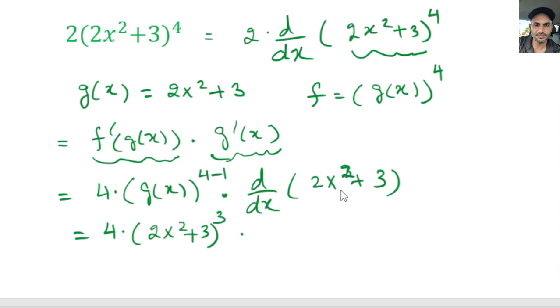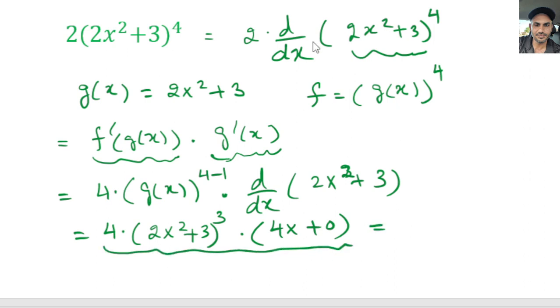And what is the derivative of this right here? Well, what is the derivative of 2x to the second power? It's 4x, and the derivative of 3 is 0. So this basically is this portion right here.